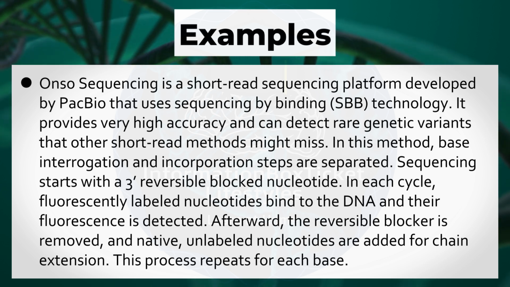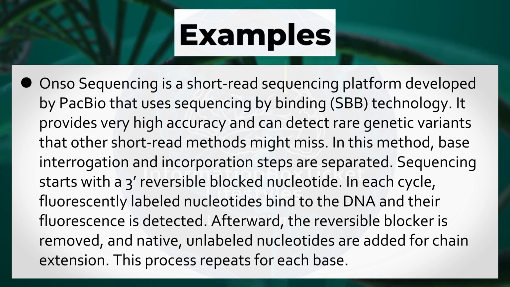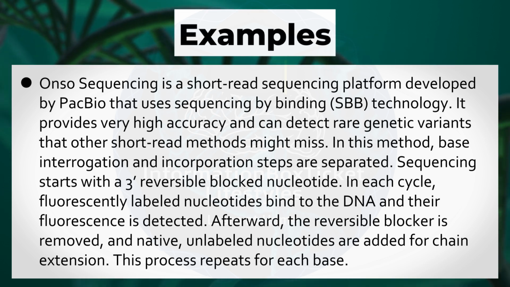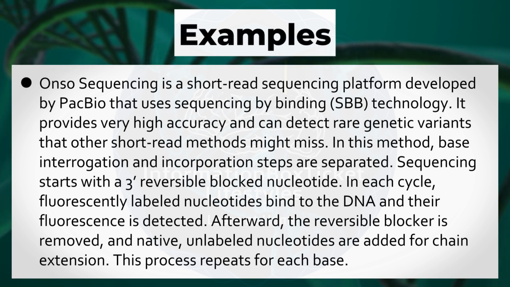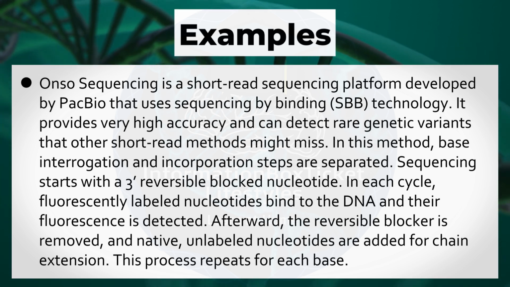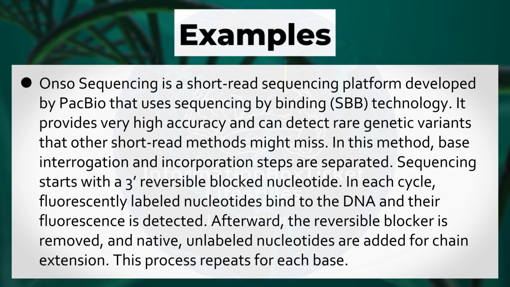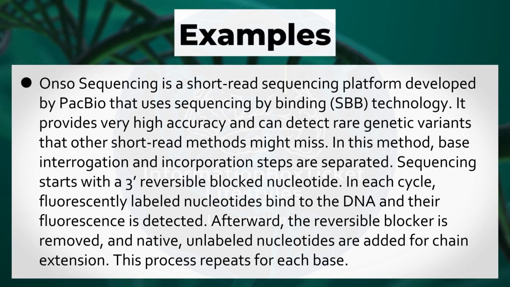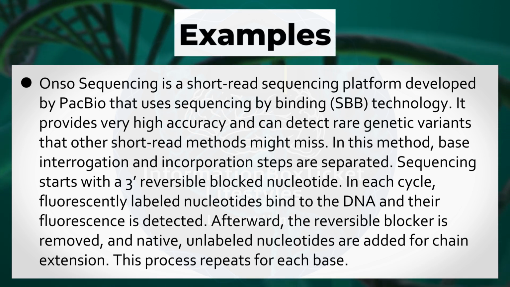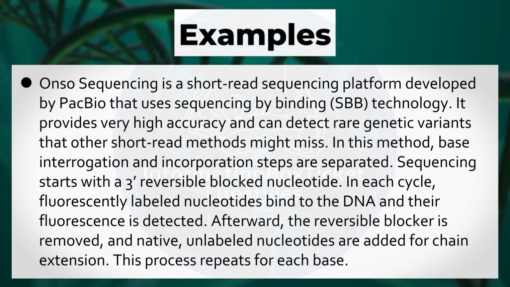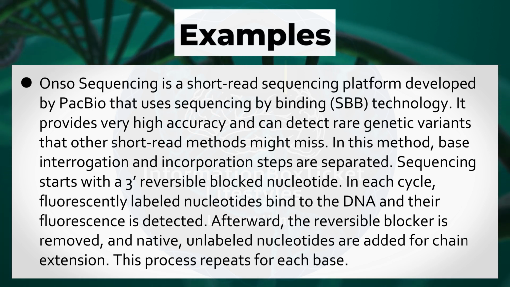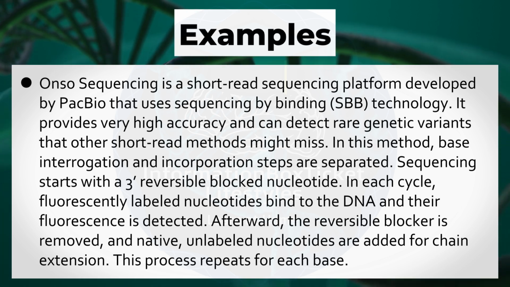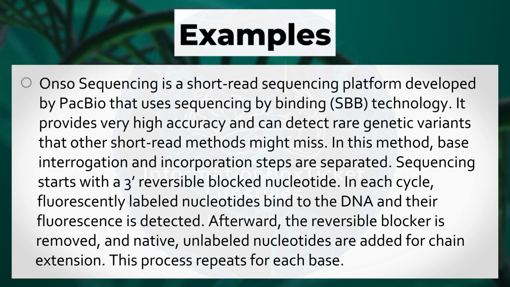Sequencing starts with a 3' reversible blocked nucleotide. In each cycle, fluorescently labeled nucleotides bind to the DNA, and their fluorescence is detected. Afterward, the reversible blocker is removed, and native unlabeled nucleotides are added for chain extension. This process repeats for each base.